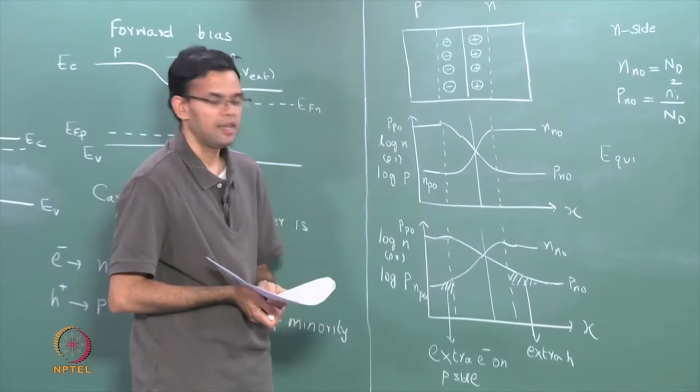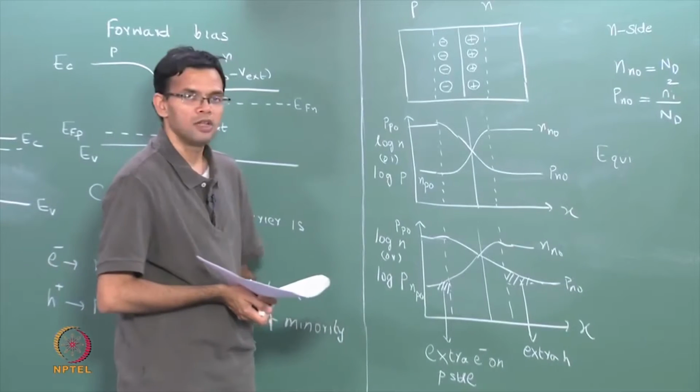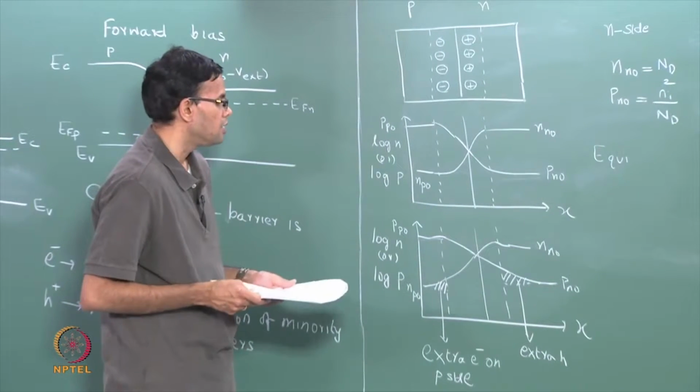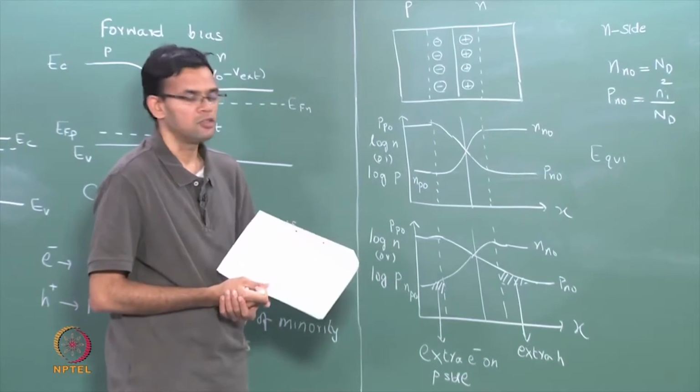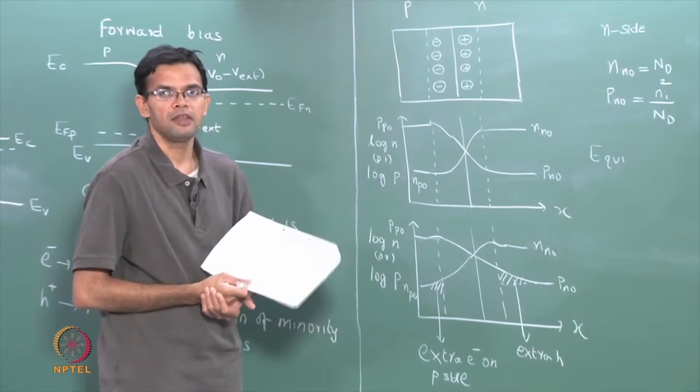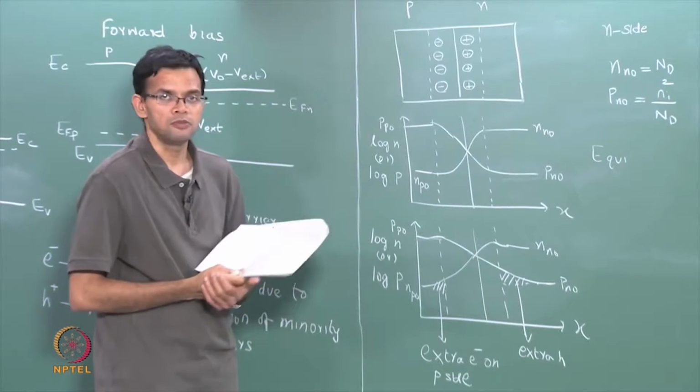So these extra electrons and holes are what are responsible for the current. So we have these extra electrons and holes because you have reduced the barrier for the electrons and holes to move across.